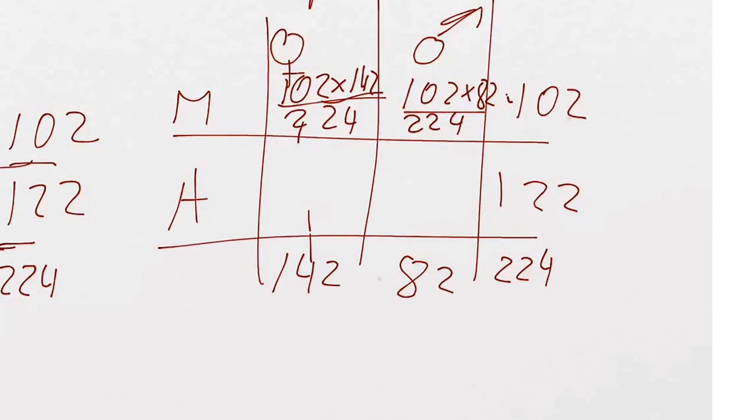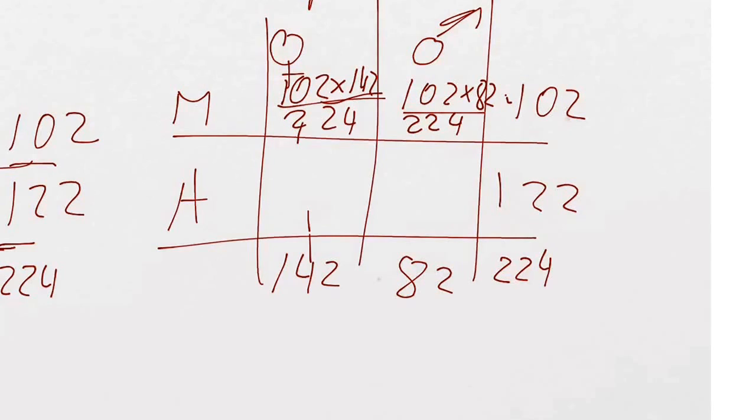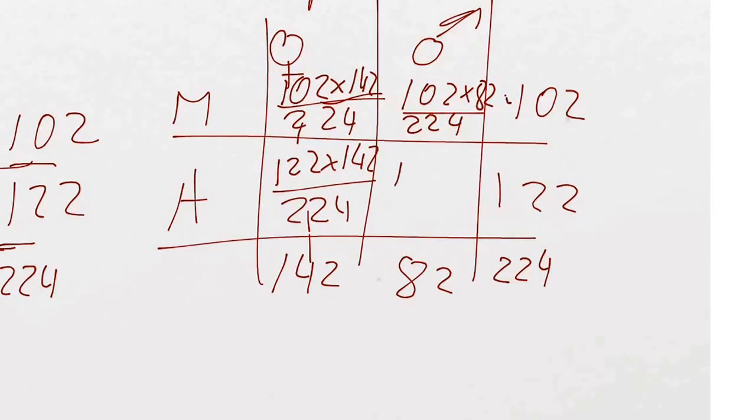So when you do the expected numbers, you just figure out how many of these things are in the relevant square. So for the girls in the afternoon, what do we get? 122 times 142, divided by 224. And for the boys in the afternoon, we get 122 times 82 divided by 224.